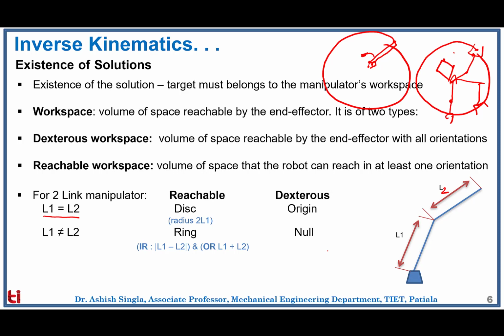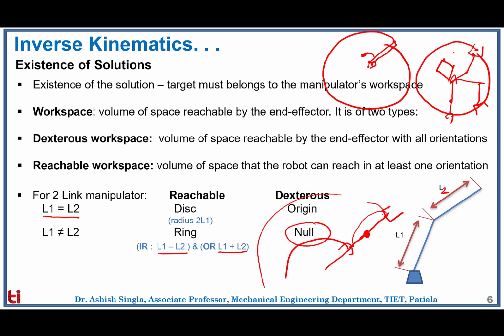But if L1 is not equal to L2, then the reachable workspace will represent a ring. With two links, this is the outer radius, and if the manipulator is folded back, this is the inner radius. So it is a ring having inner radius L1 minus L2 and outer radius L1 plus L2, and there is no point in the workspace which can be achieved in all possible orientations.